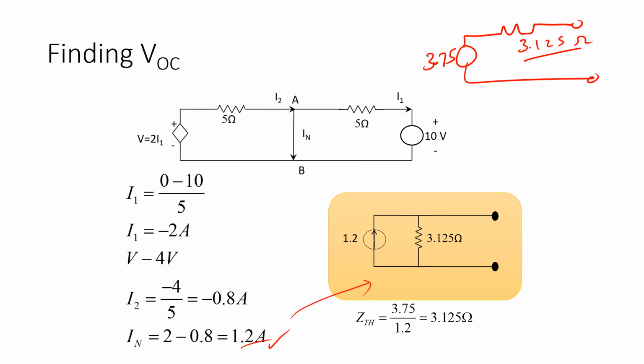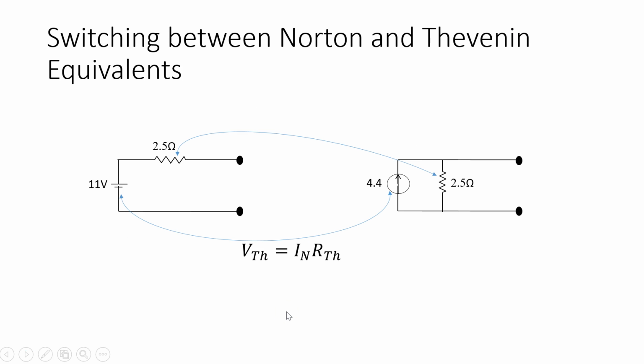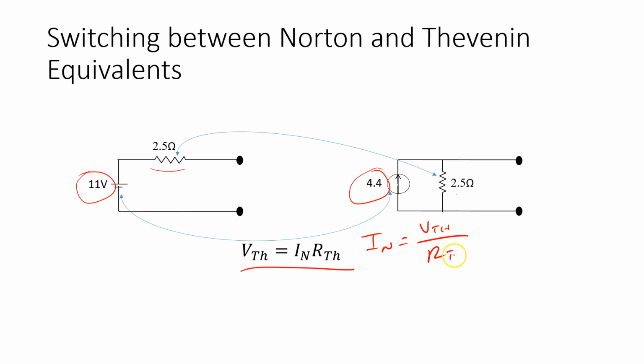So you'll see there is some relationship between these two forms, and in fact we could switch between the Norton and Thevenin equivalents. The resistor is the same, so if I find my Thevenin equivalent, I could take that same resistor and put it in my Norton equivalent. If I have the Thevenin voltage, I could say I Norton is equal to V Thevenin over R Thevenin. Or if I have the Norton current, V Thevenin is I Norton times R Thevenin.